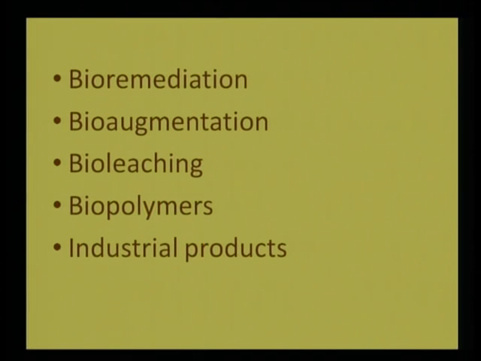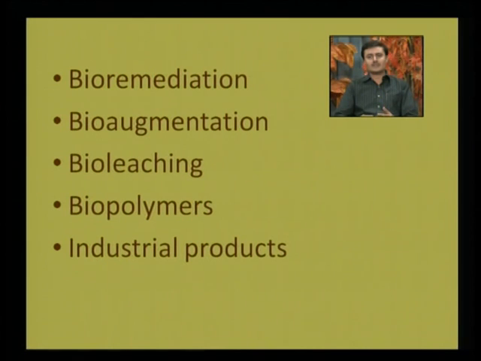Bioremediation and bioaugmentation are processes used to remove pollutants, clean up, and support sustainable development of the environment with the help of genetically modified microorganisms. Bioleaching is a similar process, used to extract metals from low-grade ore, which is not feasible chemically because it is economically not viable.